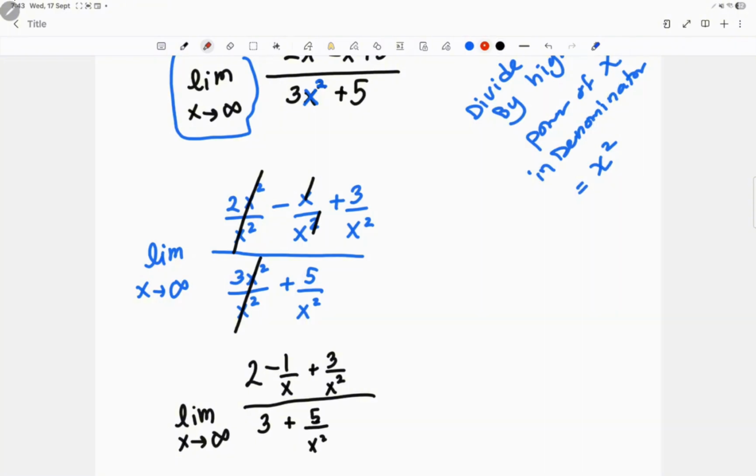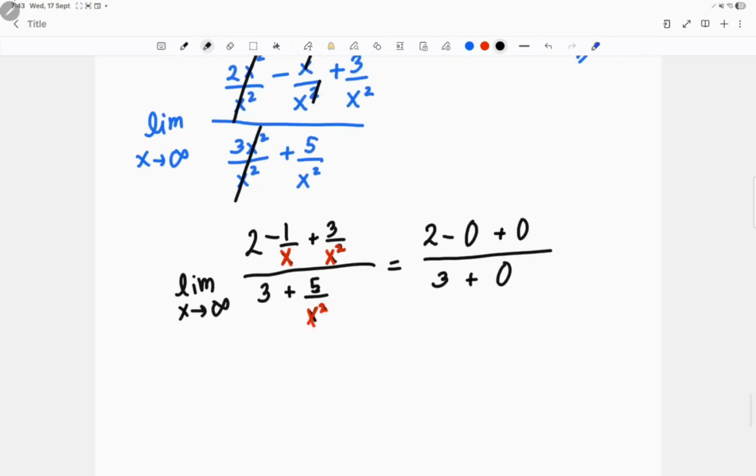Now, whenever the bottom is a bigger power, which is happening here, a 5 over infinity or a 3 over infinity or 1 over infinity all give you a 0. So now we'll get 2 minus 0 plus 0 over 3.